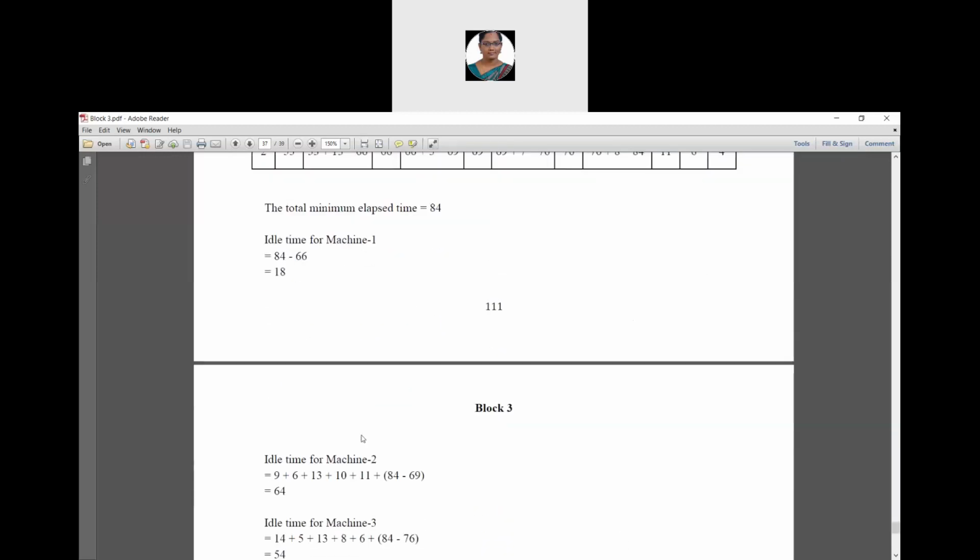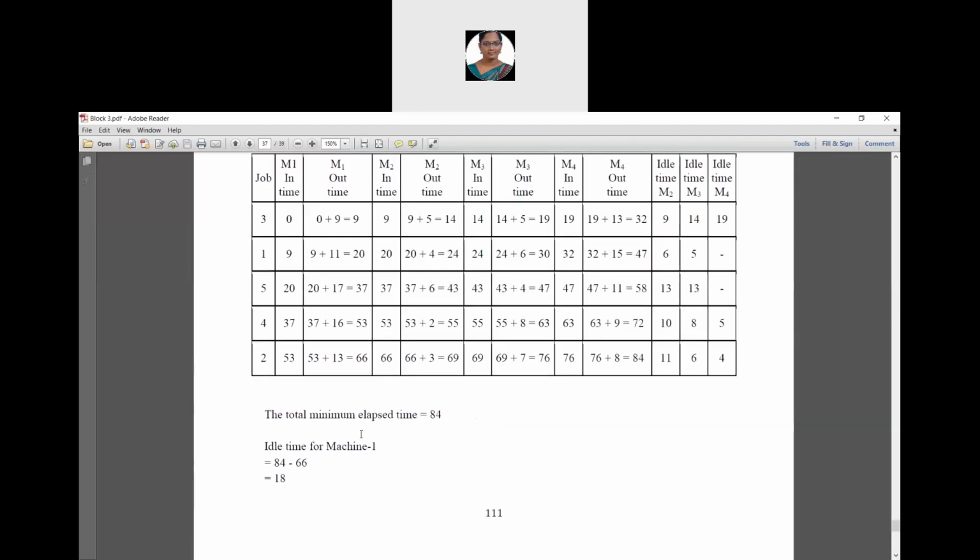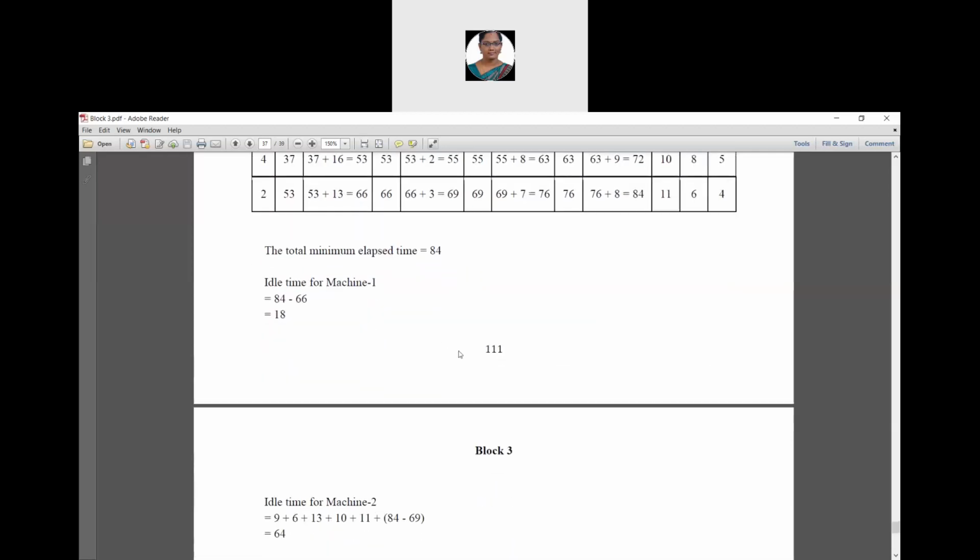Then the ideal time for machine 2 is calculated by the first in value 9 plus the difference between 20 and 14 plus the difference between 37 and 24 plus the difference between 53 and 43 plus the difference between 66 and 55 plus the difference between total elapsed time 84 minus the last out value of machine 2, 69. You will get 64.